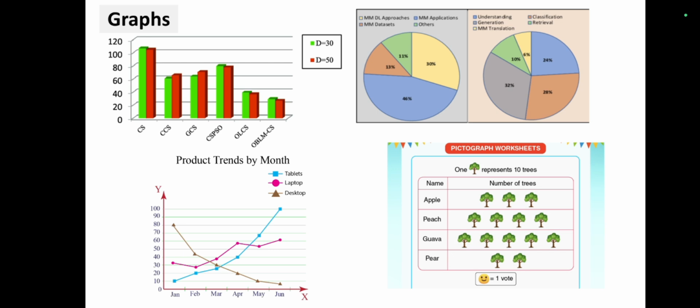However, yung pababa naman is desktop, wherein from 80 noong January is naging I think 8 na lang siya nung June. Tapos sa laptop naman, yung color pink, pataas, pababa, and then pataas, tas bumaba ulit, and then tumaas ulit. So, parang lulubog lilitaw yung product trends ng isang laptop based sa example na nakalagay dito.